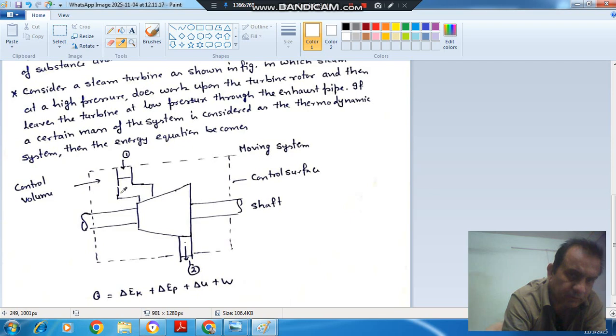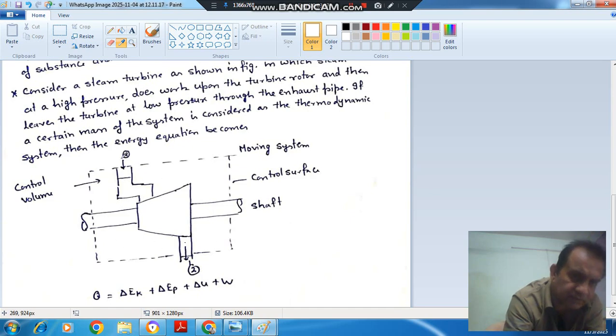If we consider a particular mass here and analyze this mass as it goes through, accounting for work done in the turbine or any heat transfer, then it is the Lagrangian approach. But if we consider this control surface, where mass is entering here and mass is leaving here, and in between we analyze the region, this is Euler's approach.